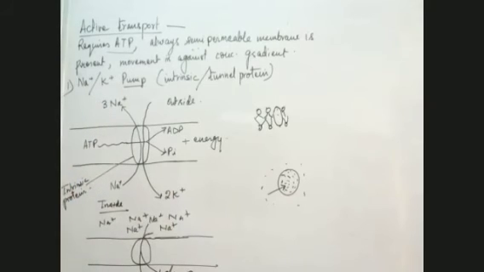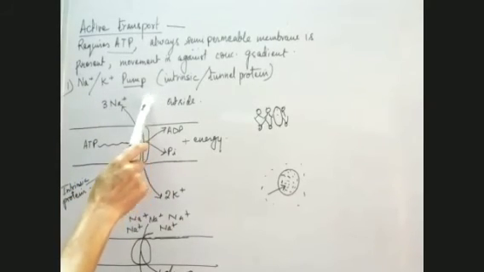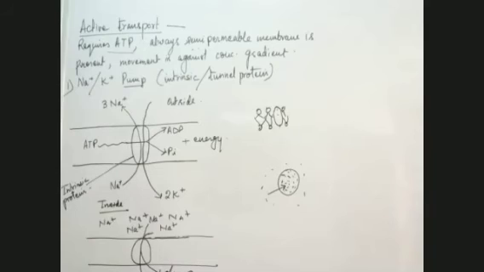At the same time, 2 potassium from outside are brought in. This energy comes from the hydrolysis or the breakdown of ATP to ADP and P with the release of energy. So now this happens. Now what is helping in this?